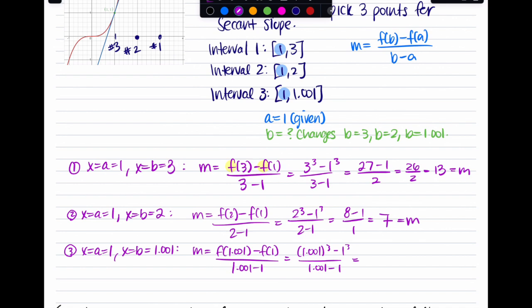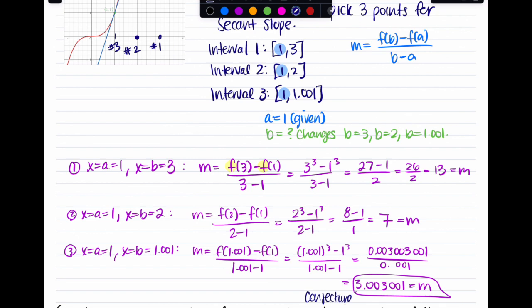And when I type that top part into my calculator very carefully, I get 0.003003001 divided by 0.001, which is 3.003001, which tells us that our conjecture is most definitely m equals 3.